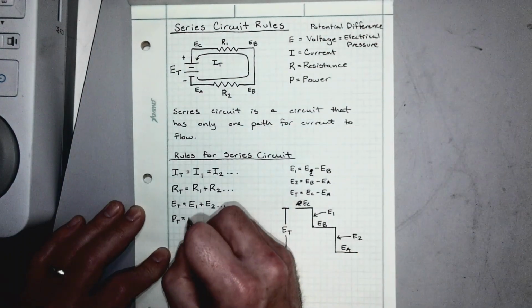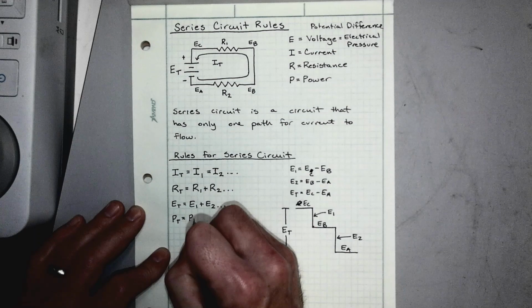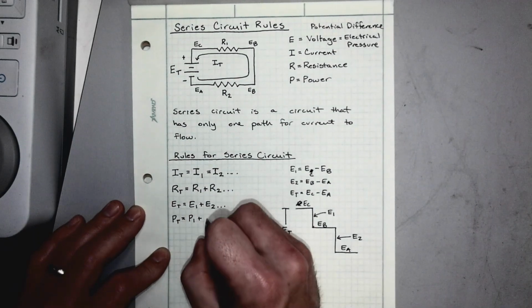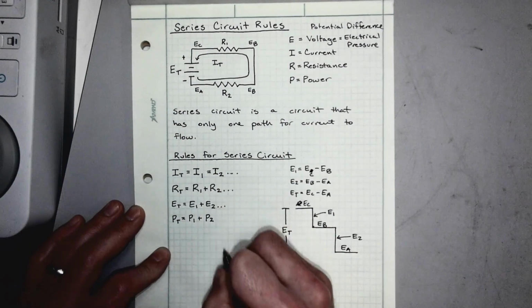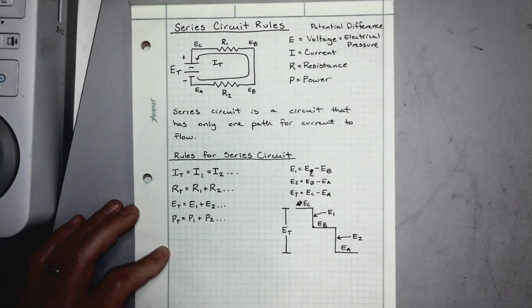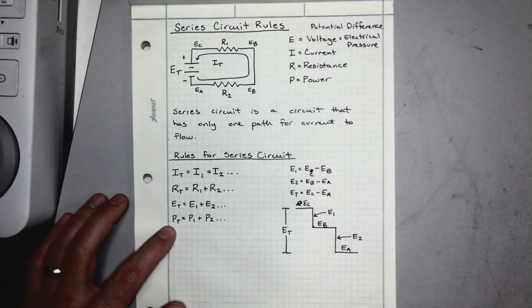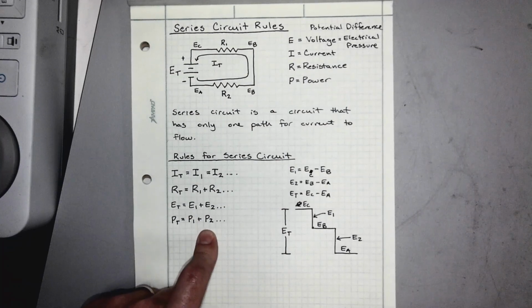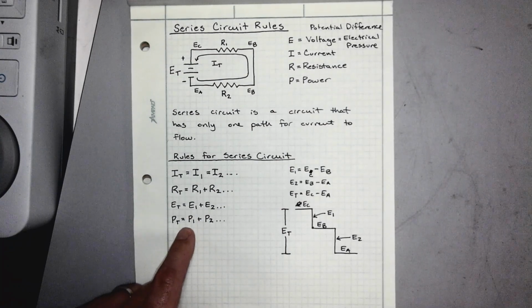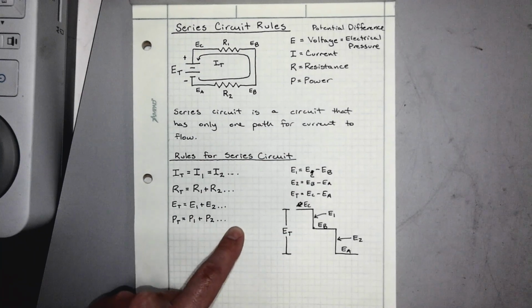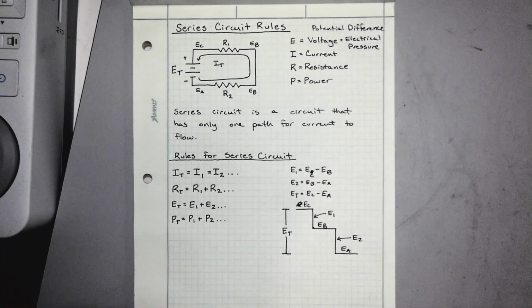And so we can mathematically show that as the power dissipated by resistor 1 and the power dissipated by resistor 2. And if we had additional resistors in there, it would just continue on. And so P sub T equals P sub 1 plus P sub 2 plus P sub 3, so on and so forth, for all the resistors that we have in the circuit.